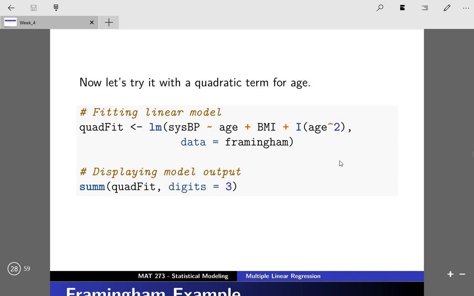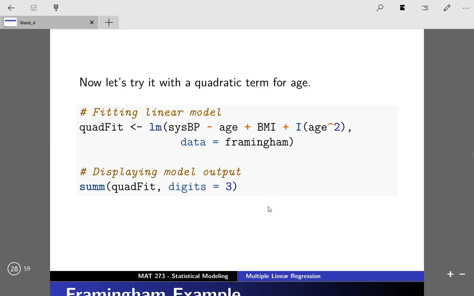We can also add a quadratic term for age here, in that we're adding age squared to our model. To do this in R, we have age plus BMI plus, and you might think we can just do age caret 2, age squared. But when you have a function of an explanatory variable, R wants you to wrap that in this I function, which I believe stands for inhibit.